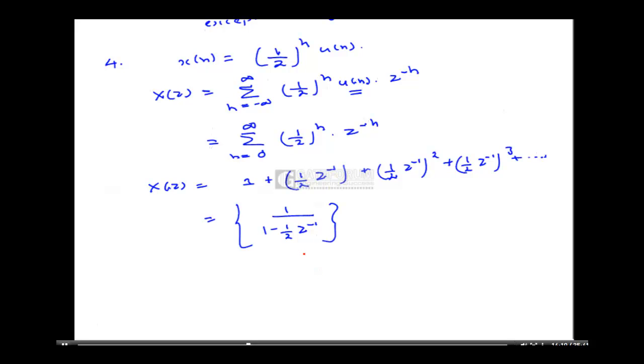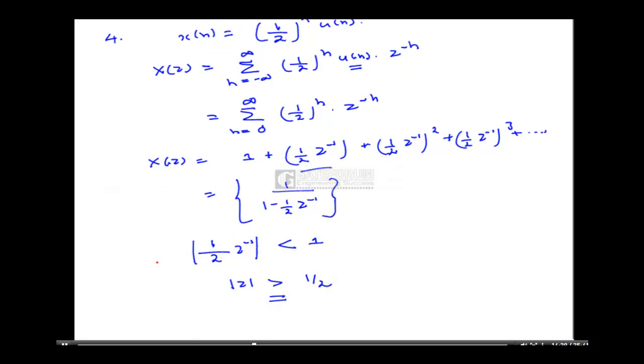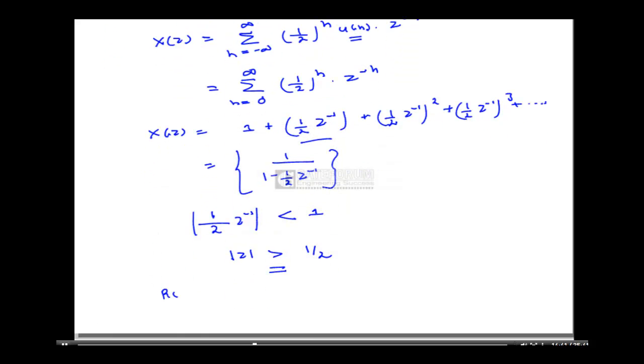Now what will be the ROC in this case? For this series to converge, (1/2) z^-1 should be lesser than 1. For this to be lesser than 1, mod z should be greater than 1 by 2. So the ROC in this case will be all the circles with radius greater than 1 by 2.